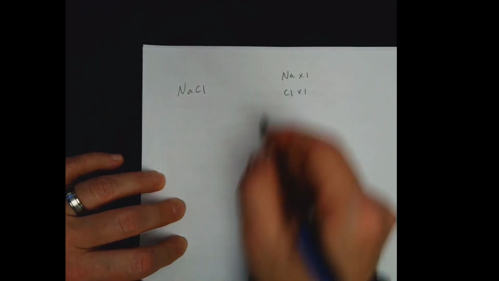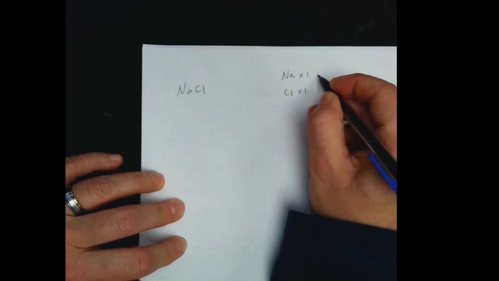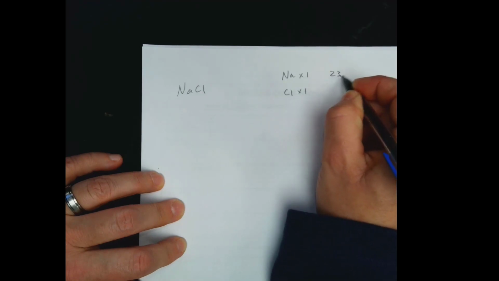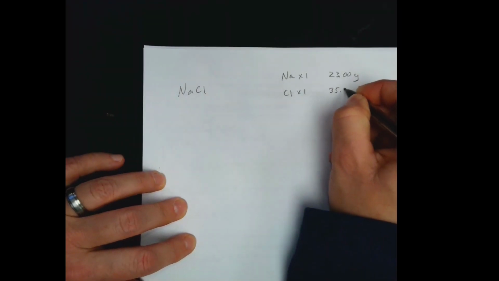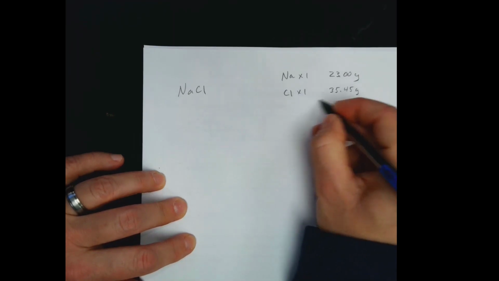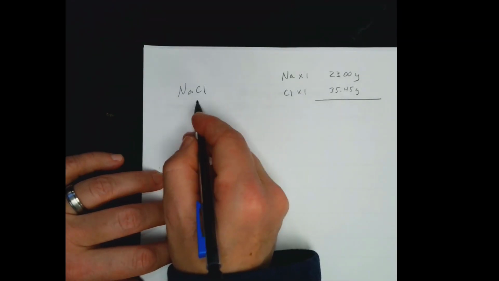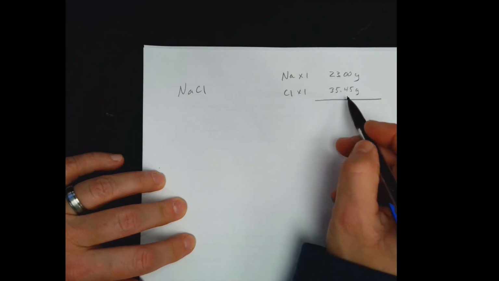And if we look at the periodic table, we know that sodium has a mass of 23.00 grams, and we know that 1 atom of chlorine has a mass of 35.45 grams. We need to find the total mass of this molecule, so we have to add these two masses together.